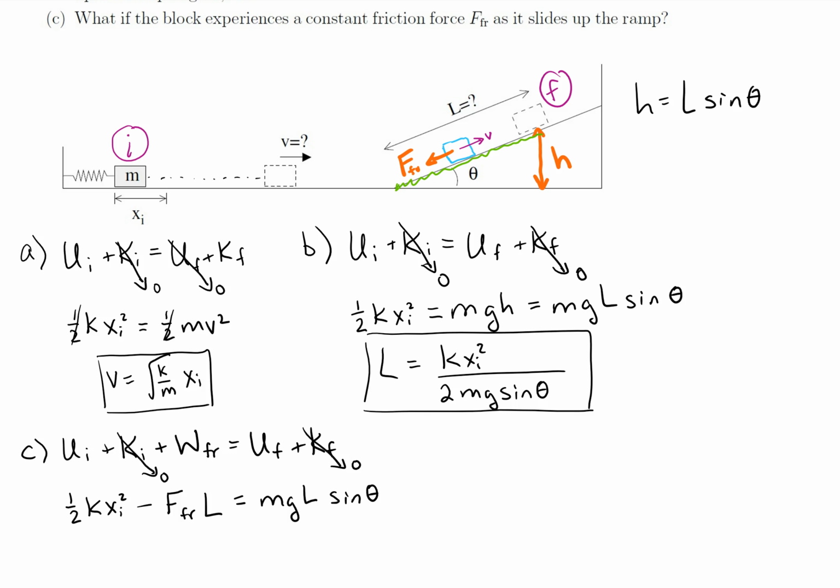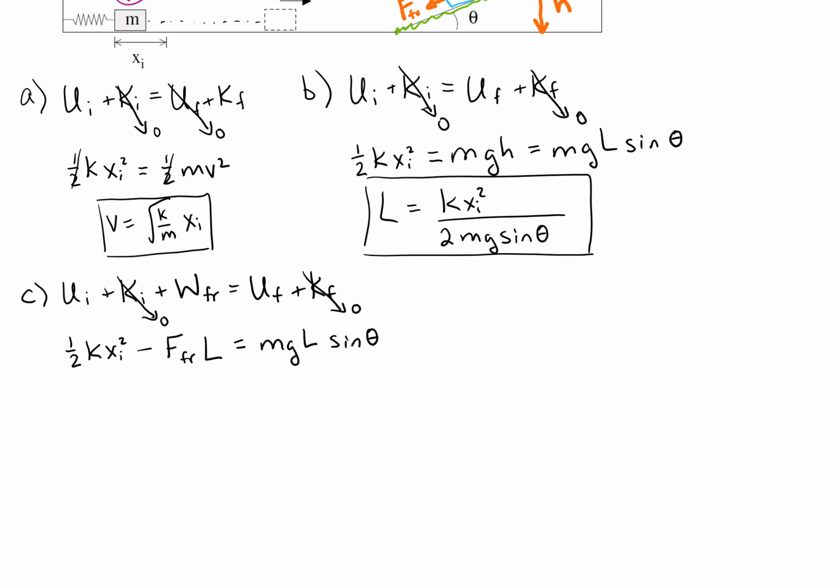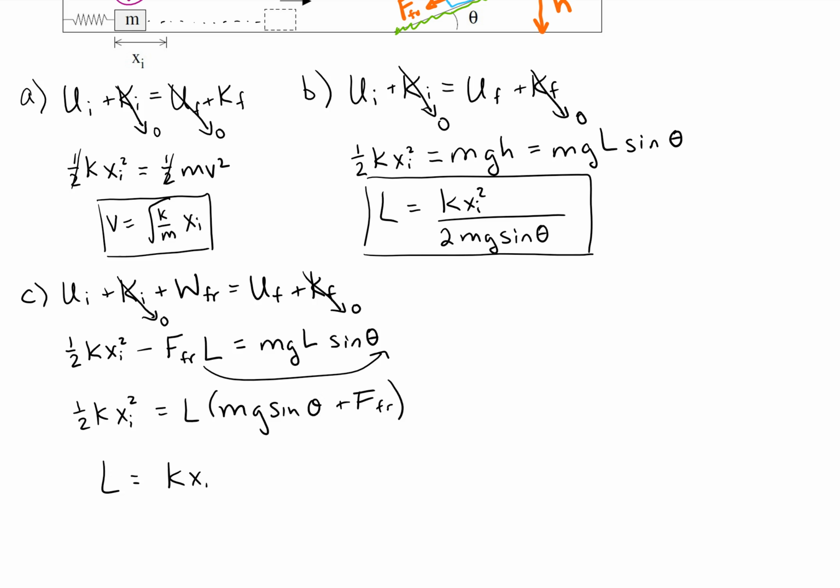Okay, so now we just need to solve for L. So I'm going to move this term over to the other side and pull out the L. So we have 1/2 k x initial squared equals L times (mg sine theta plus force of friction). So L equals k x initial squared over 2 times (mg sine theta plus the force of friction).